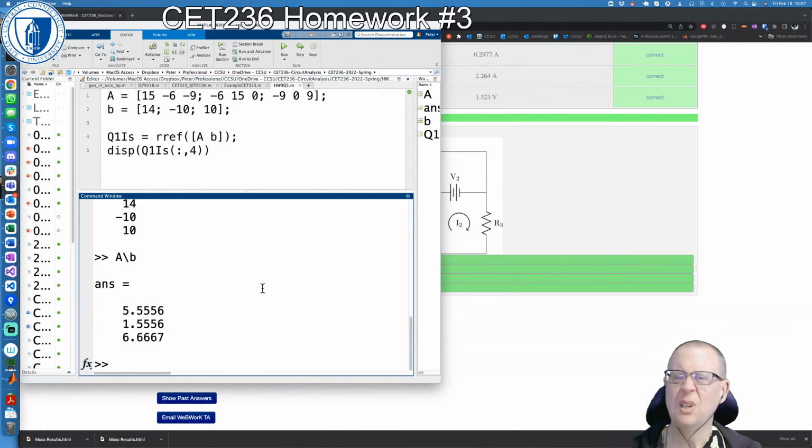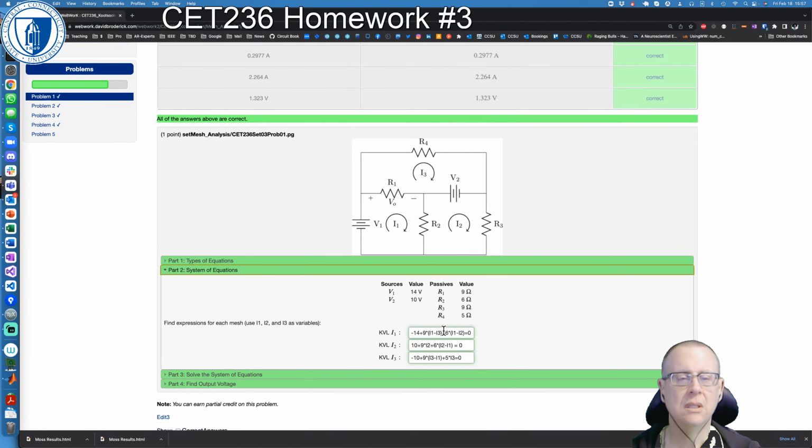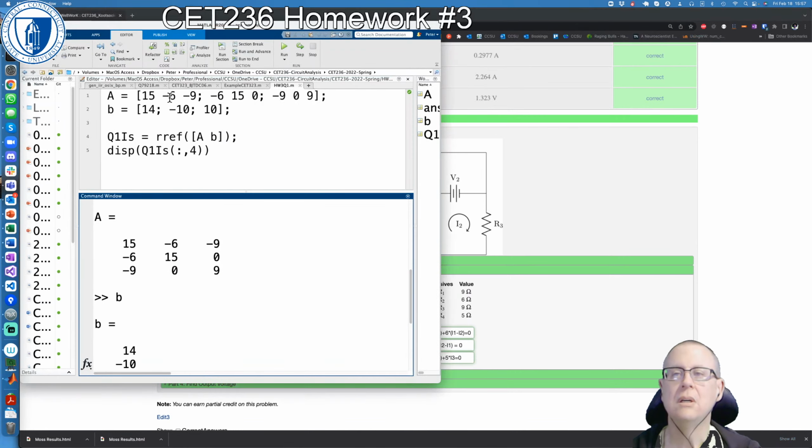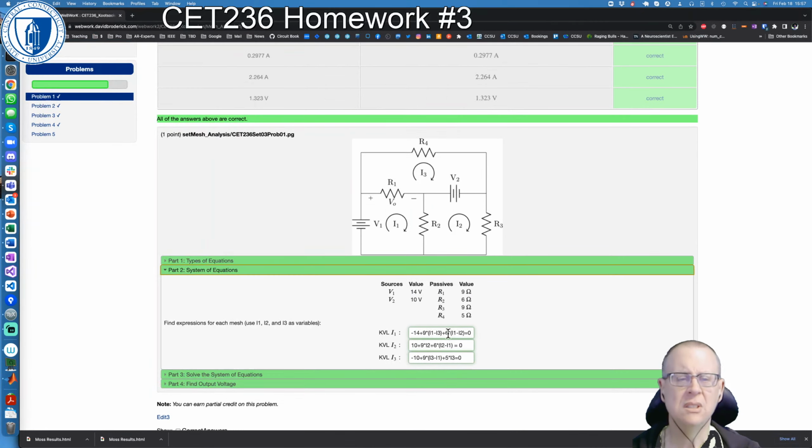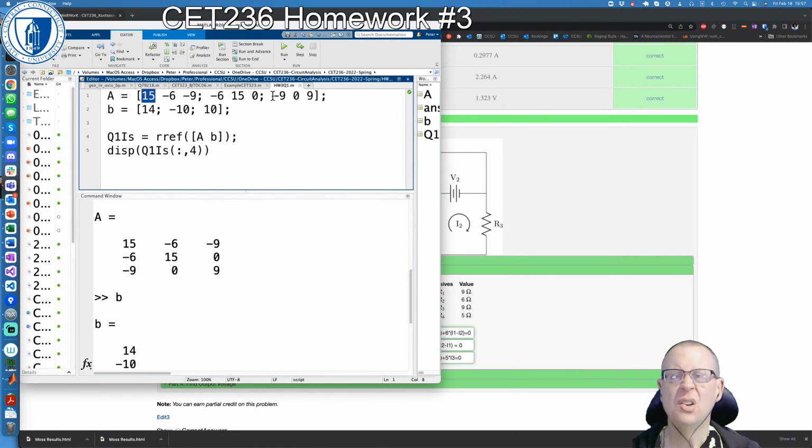Nine I1, 15 I1. Right, I got 15 I1. And minus 6 I2 and minus 9 I3. So that line looks good.